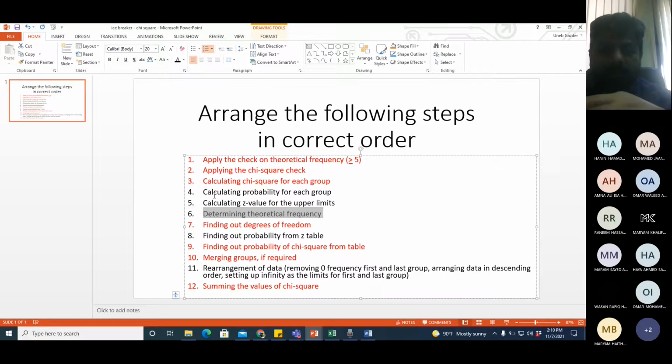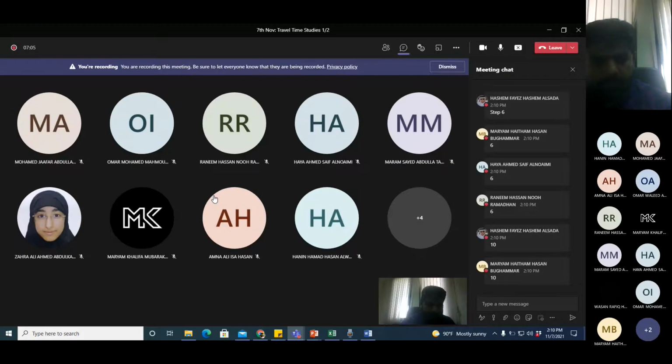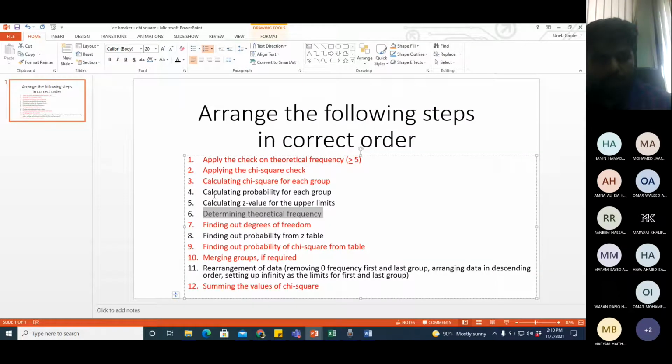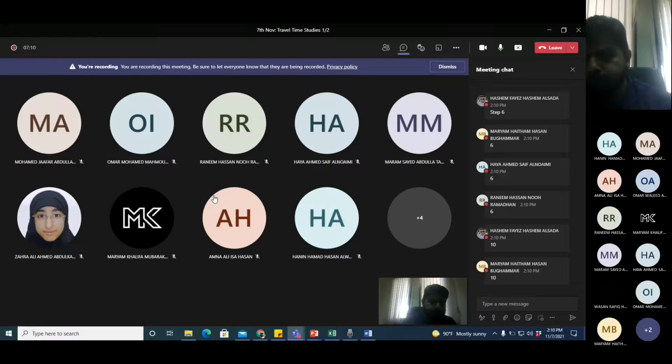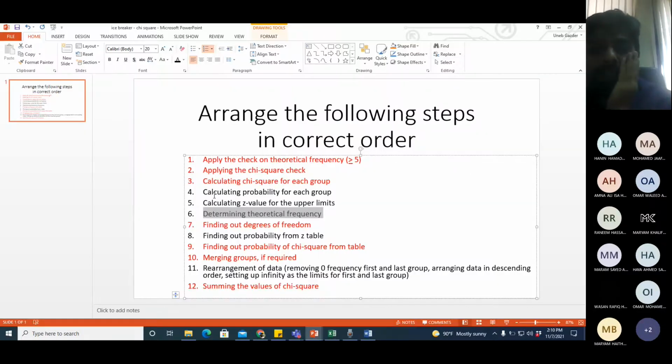You just have to look at the red step, right? The steps in red color. Ten merging groups? No. Before that. Why should I merge?